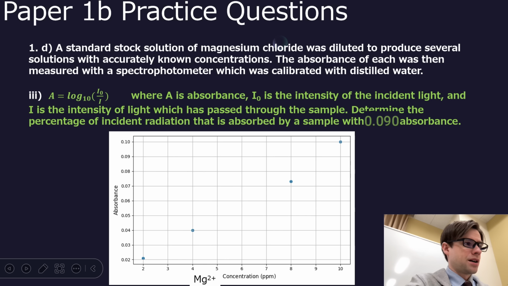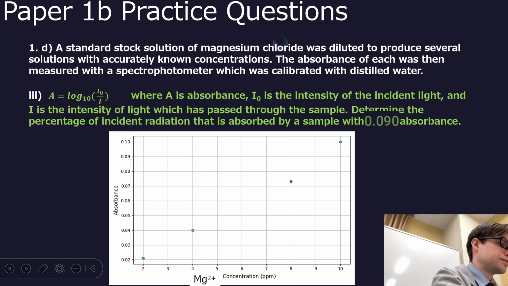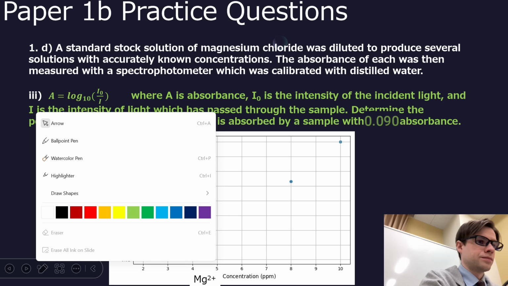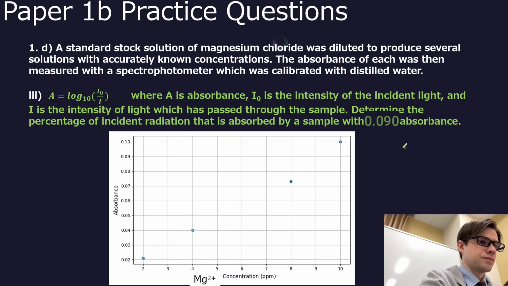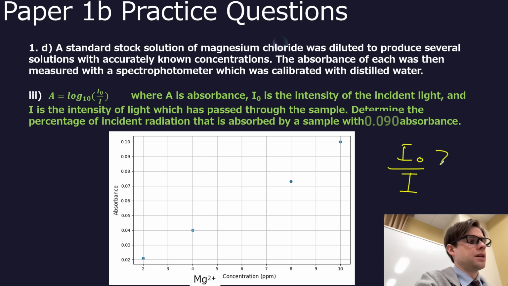So is that I naught over I? I naught is the intensity of incident light, and I is the intensity of light which has passed through the sample. So I naught over I actually does not represent the percentage of incident radiation that is absorbed, because I naught will be higher.